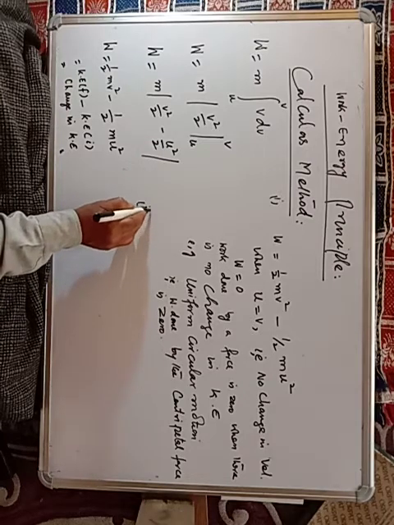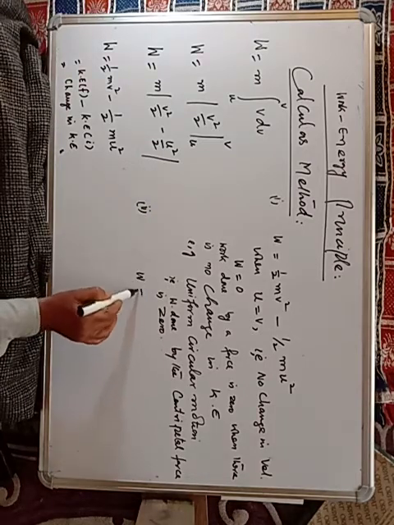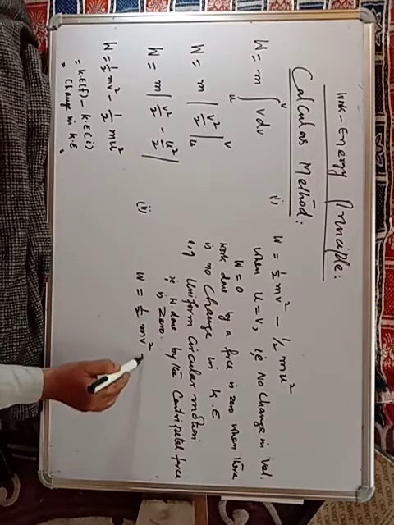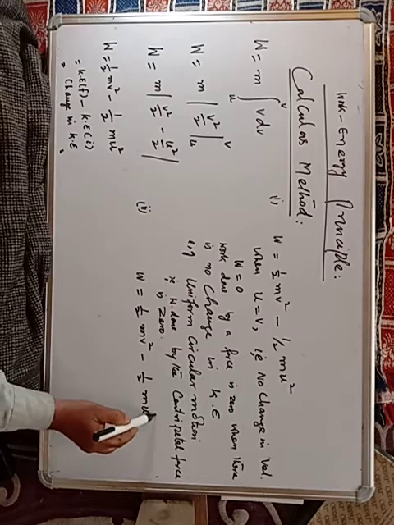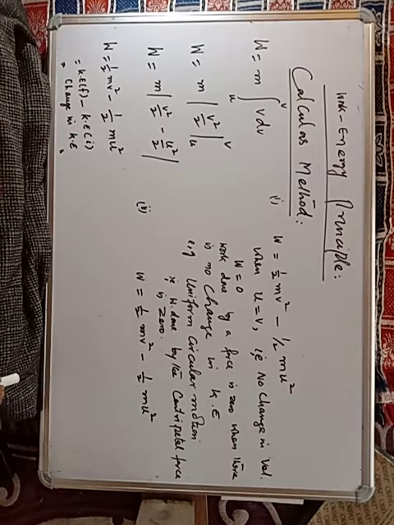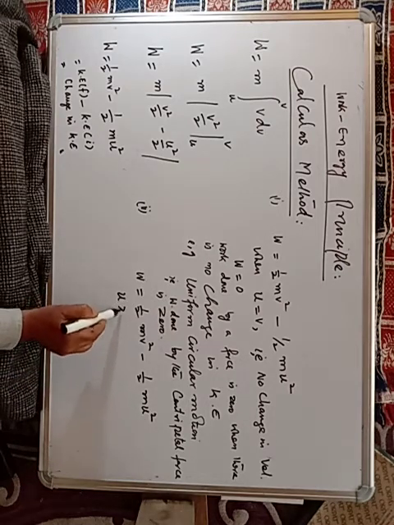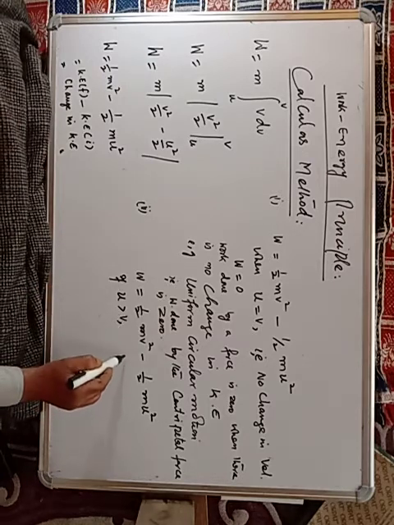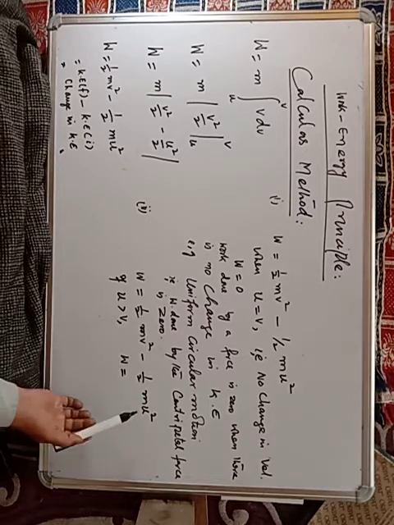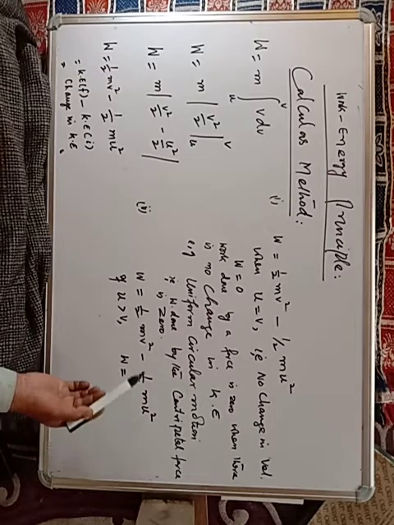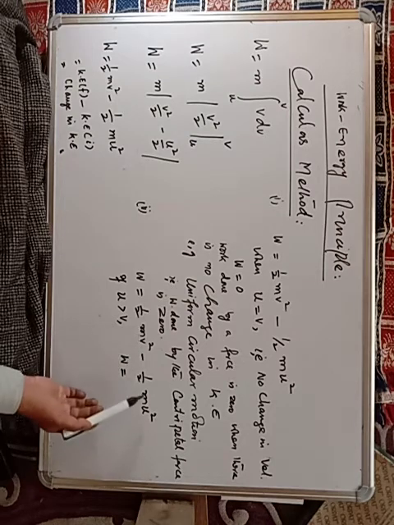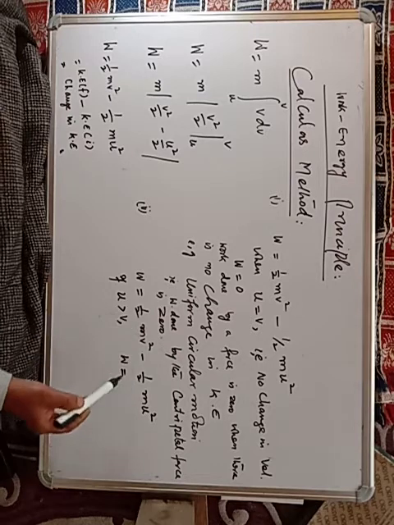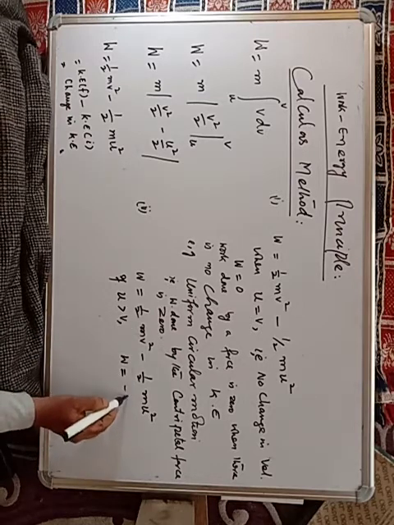Second case: W is equal to 1/2 mv square minus 1/2 mu square. So if u is greater than v, this is greater and this is smaller, m is the same in both, so we will get W is equal to negative.